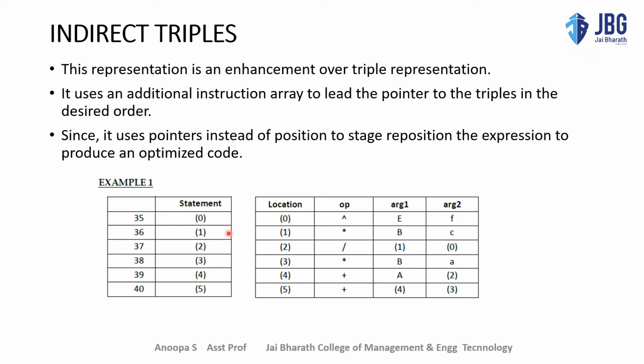Even if we shuffle the instructions, that instruction number will not affect the optimization phase. Even if these numbers change, when we finally look up, we will get these values. That is what it is in indirect triples.